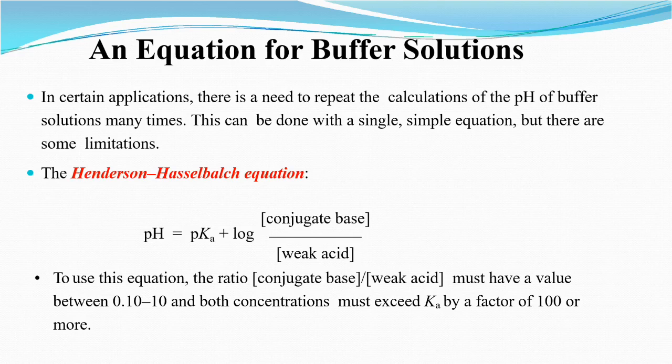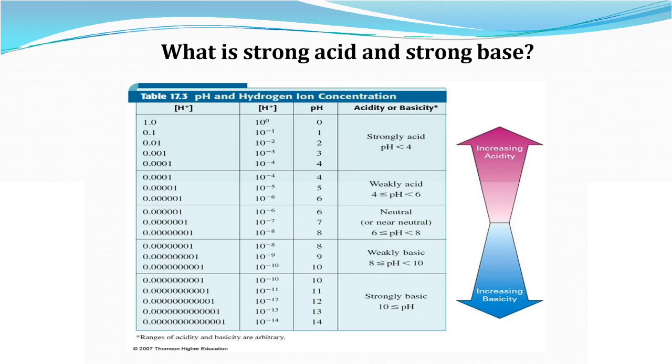A buffer is a substance which doesn't change its pH when a small amount of acid or a small amount of base is added to the solution. It is very important even in daily life and in human living. Here we see the strength of acids and bases: 7 is the neutral point, less than 7 is acidic, and more than 7 is basic, or we can say a strong alkali, a strong base.